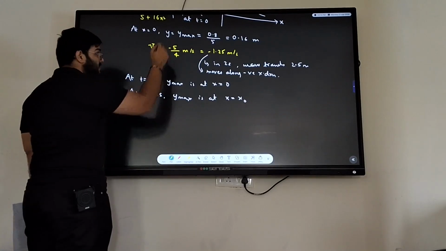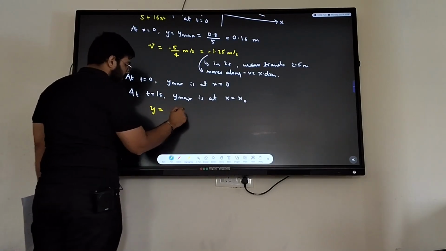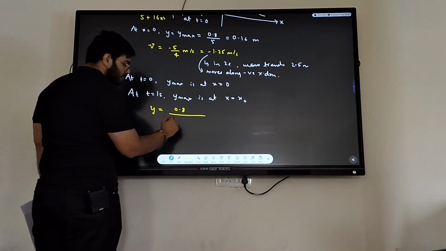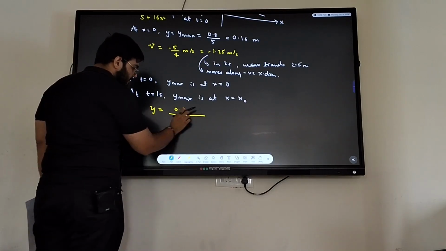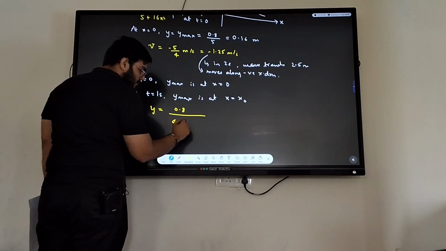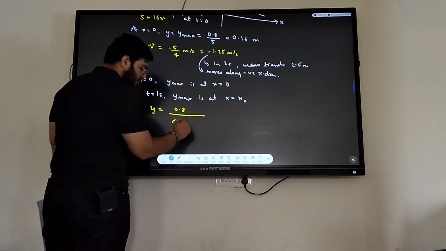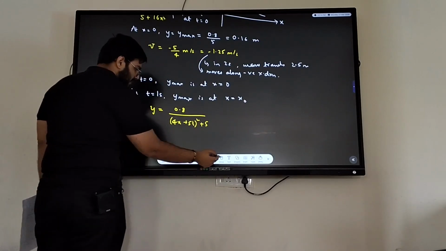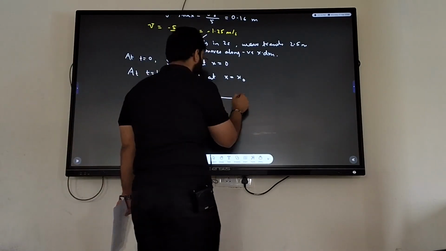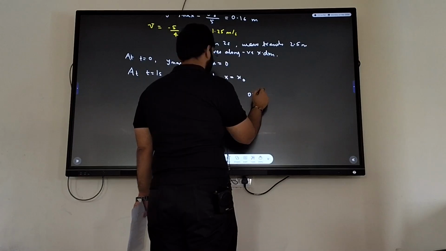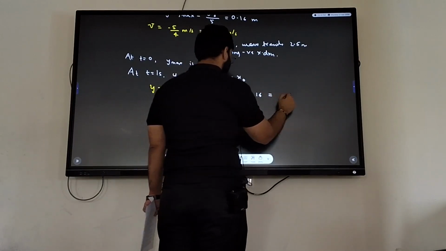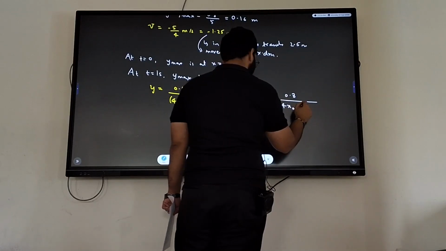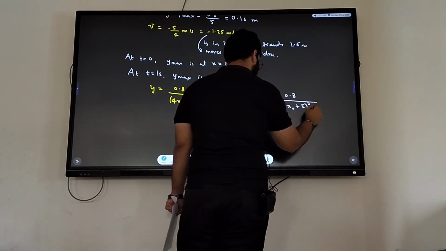What is the equation? Y equal to 0.8 divided by, tell me, 4x plus 5t, the whole square, plus 5. Then I just have to substitute 0.16 equals 0.8 divided by 4x naught plus 5 the whole square plus 5.